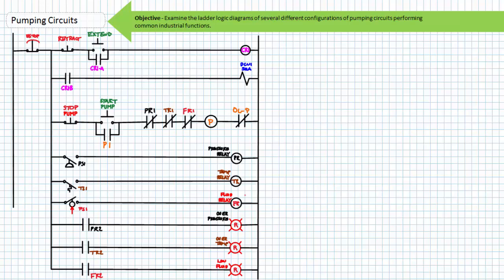We looked at a sump pumping circuit using a float switch at the bottom of a sump, a tank filling circuit using a float switch at the top of a tank, a pumping circuit designed to pump out a quantity of fluid using 2 float switches at different levels, a dual pumping system that coordinated the efforts of a primary and backup pump using 4 float switches and an alarm circuit, an air conditioner circuit coordinating the activity of a motor-driven compressor, fan, and evaporator, and finally, an operator-initiated hydraulic pumping circuit that disables the pump in the event of overpressure, overtemperature, low fluid, or overload conditions.